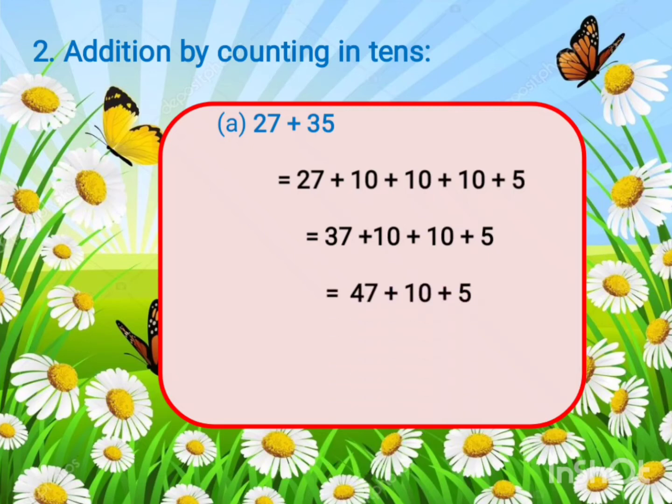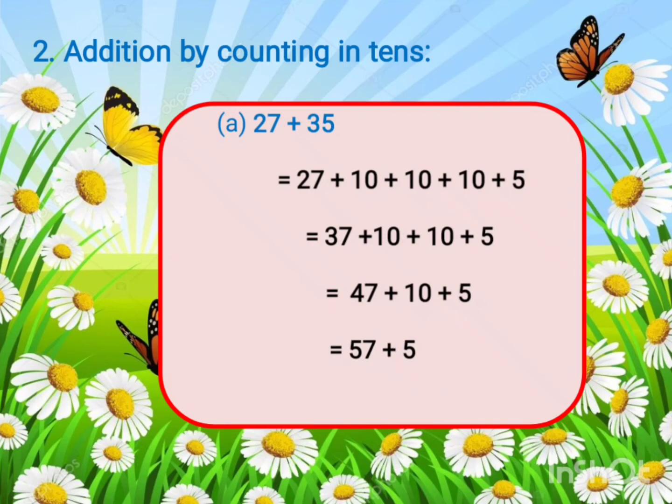In the next step again, we add 37 with the 10. The sum that we get is 47, and we add 47 with the last remaining 10 and 5 ones. So we write 47 plus 10 plus 5 ones.